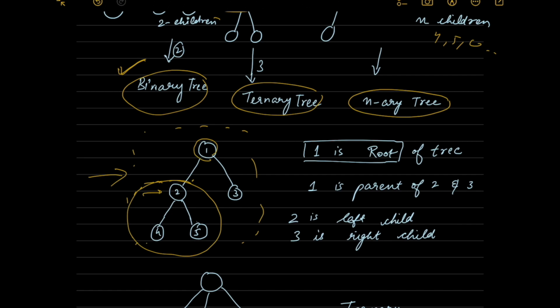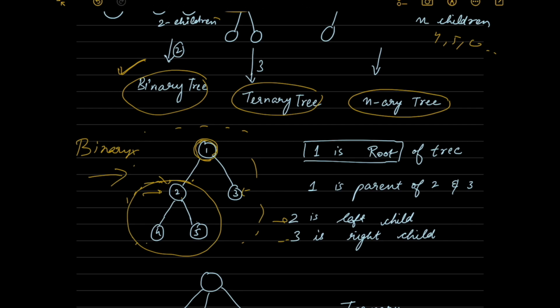Then every node has got a left child and a right child. We are talking about a binary tree over here, so please note that. So this is a left child, this is a right child, and if we talk in terms of parents, one is the parent of 2 and one is also the parent of 3.